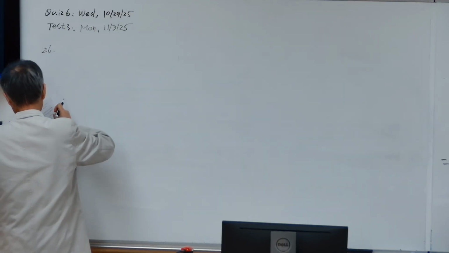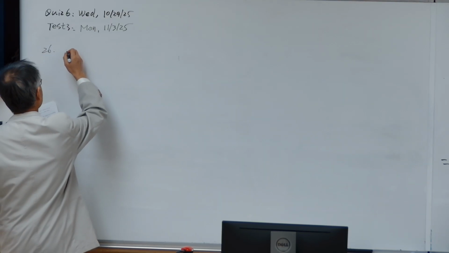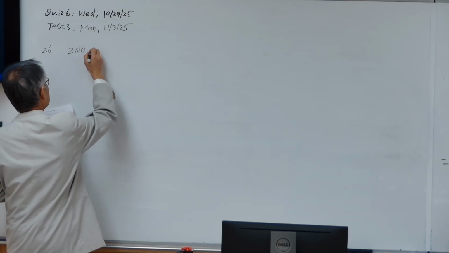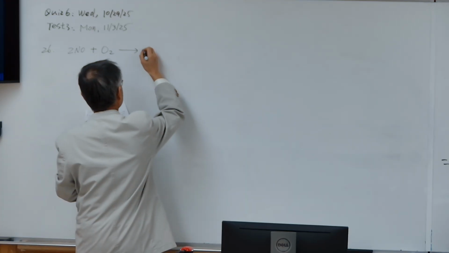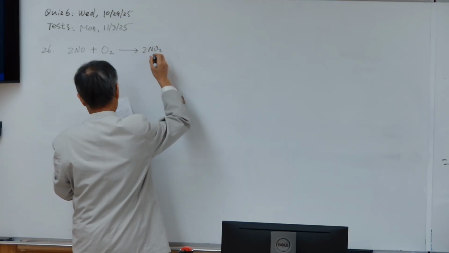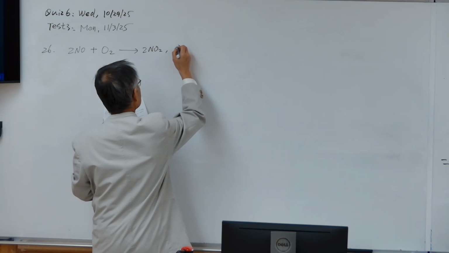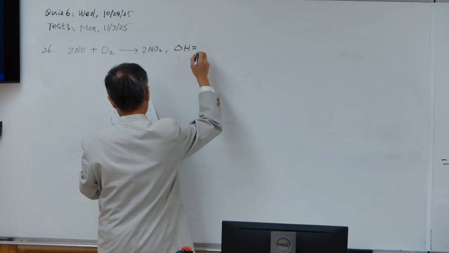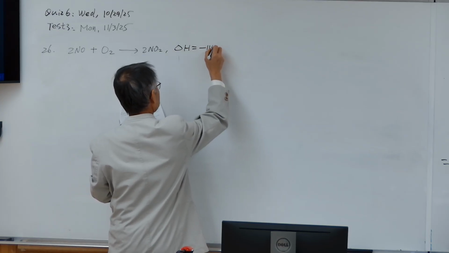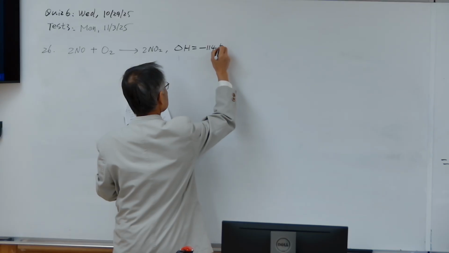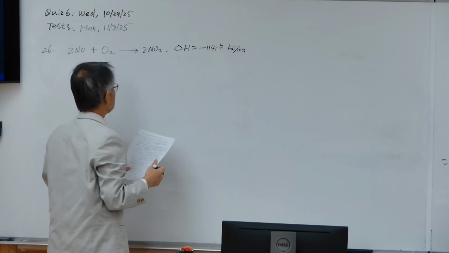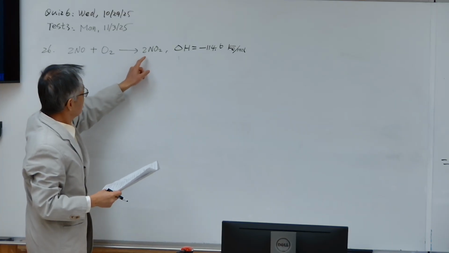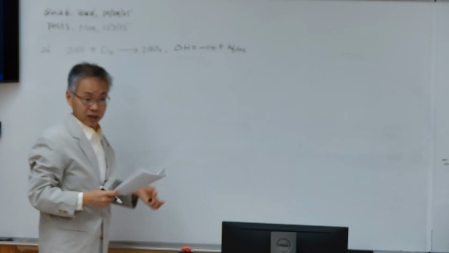So this thermochemical equation is 2NO reacted with O2 to produce 2NO2. Delta H is negative 114.6 kilojoule per mole. Actually, it's for every 2 moles of NO2, based on this balanced equation.